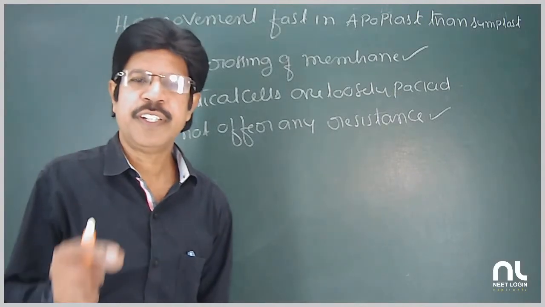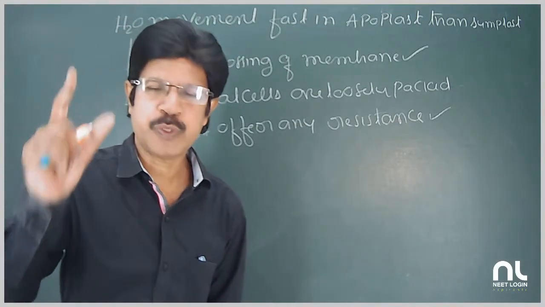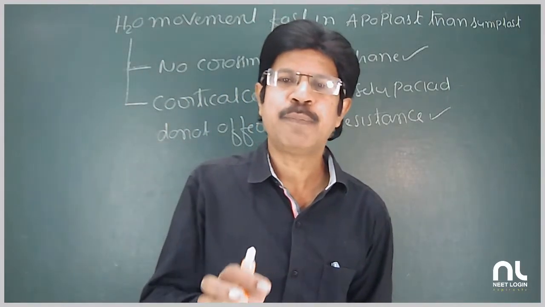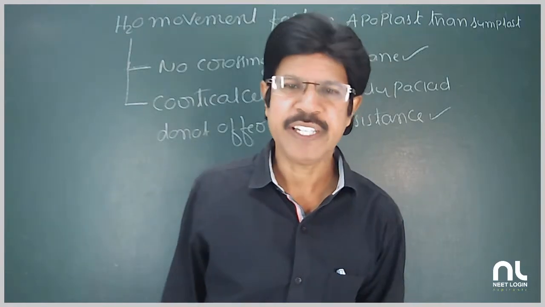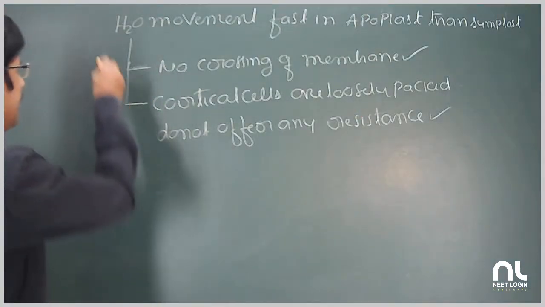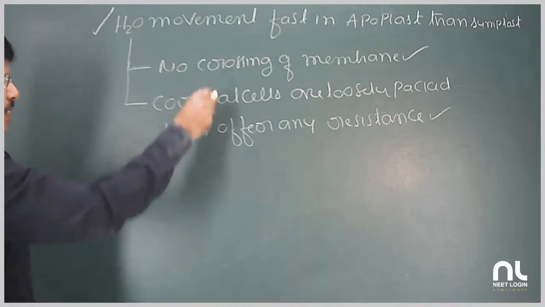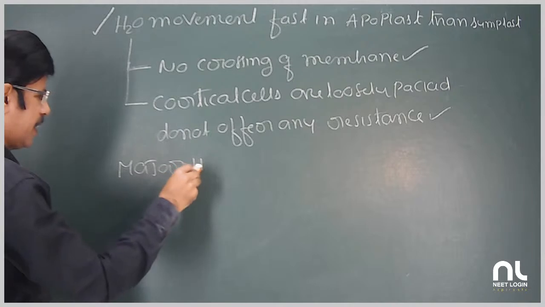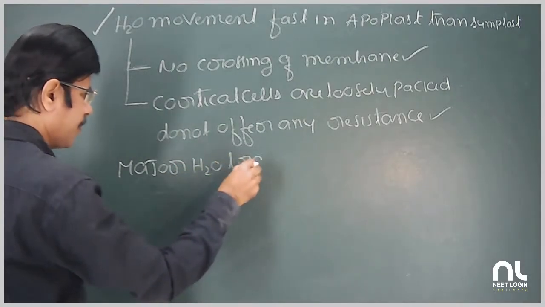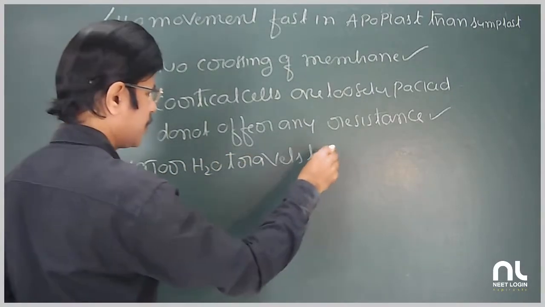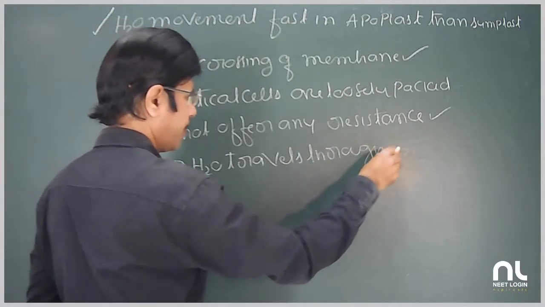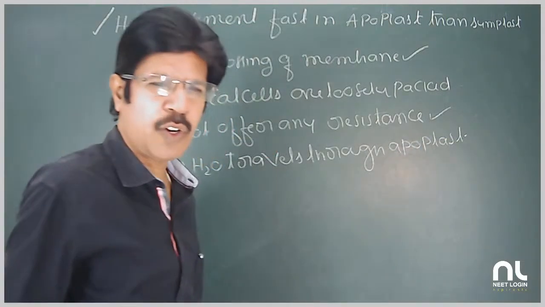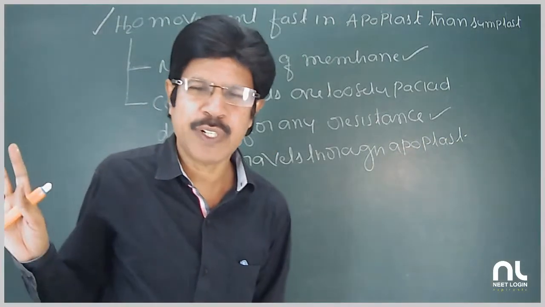Major water travels through apoplast only. That is also one question. Why? In root, the bigger part is the cortex only. Okay. It is one question for these two reasons. I am not saying all water travels by apoplast only.